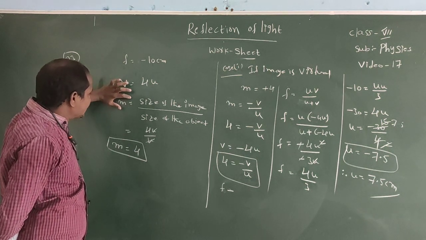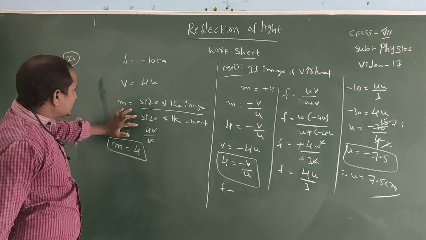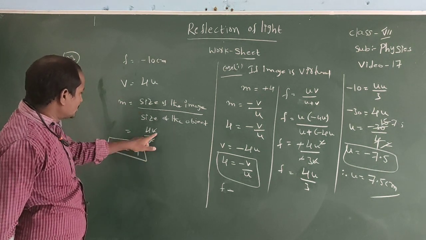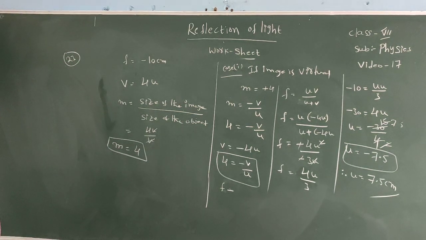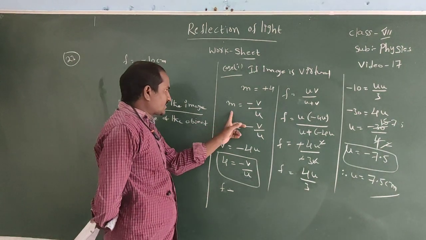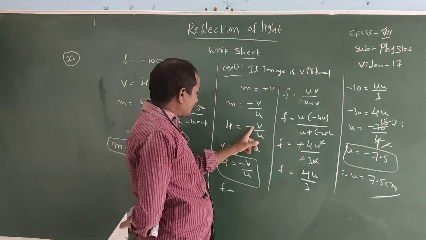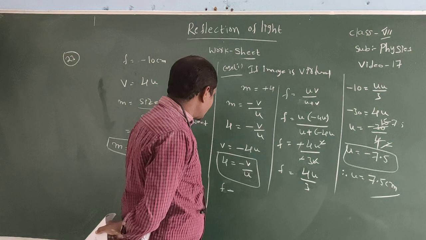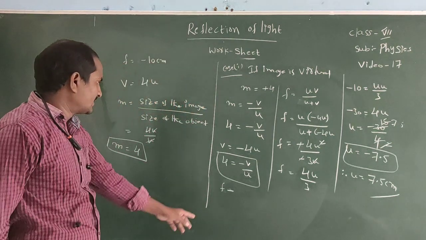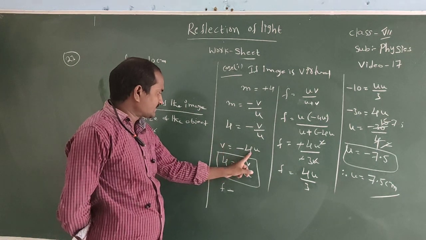M equal to size of the image by size of the object, 4u by u. U will cancel here. M equal to positive means image is virtual. So we know that magnification equal to minus v by u. So from this we can write v equal to minus 4u.